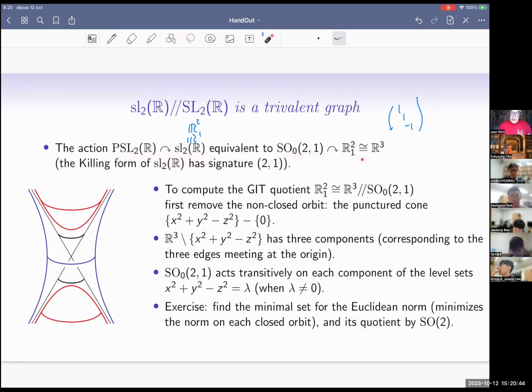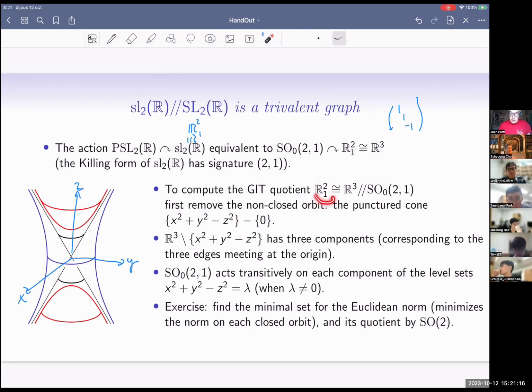And then I make this picture here on the left, because here we have an axis which is Z, another axis which is X, another axis which is Y. And these are the level sets of the quadratic form X squared plus Y squared minus Z squared.